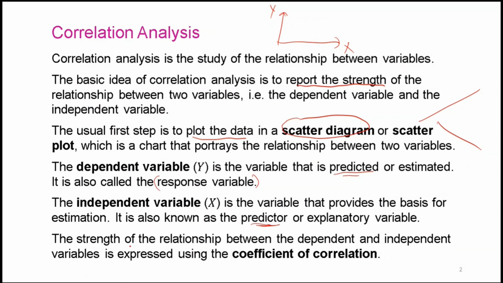The strength of the relationship between the dependent and independent, we can express using the coefficient of correlation. Okay, so first, to measure the strength of the relationship between two variables, you need to follow three types of measurement.